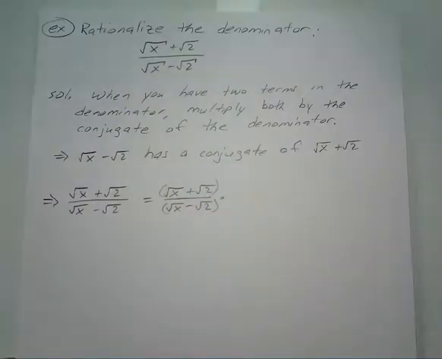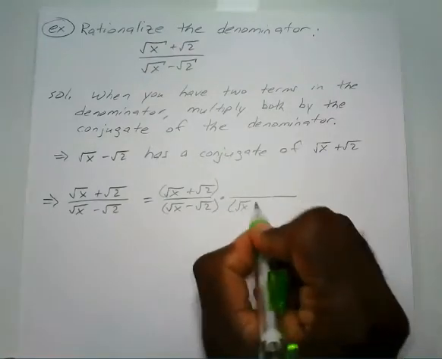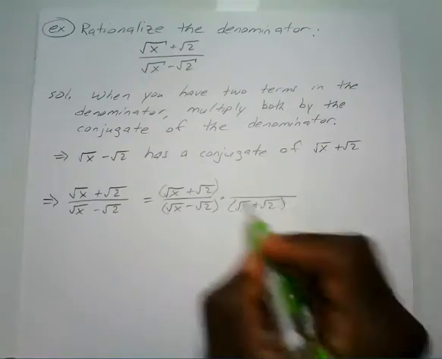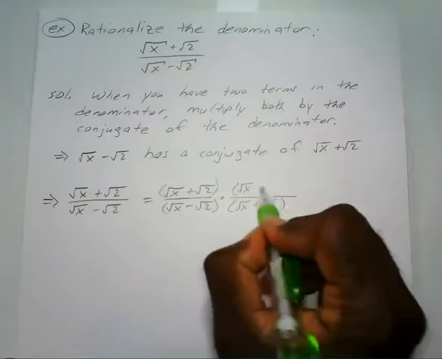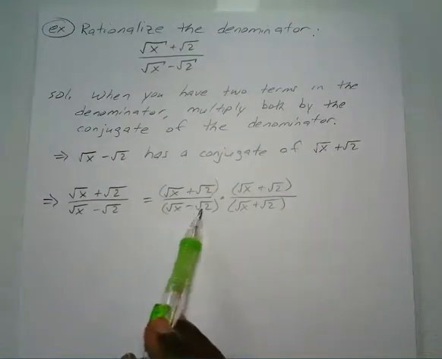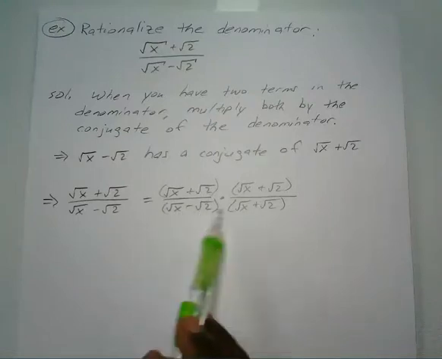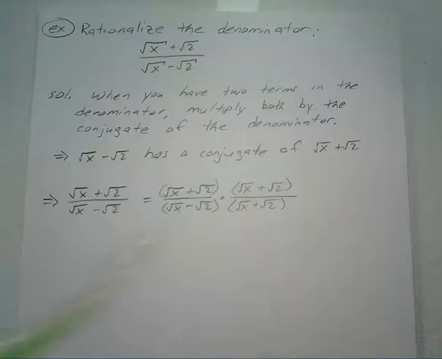First put our parentheses there. So we have square root of x plus square root of 2 and square root of x plus square root of 2. Whatever the sign is for this denominator, you're going to put the exact same terms, but just change the sign. That's all.